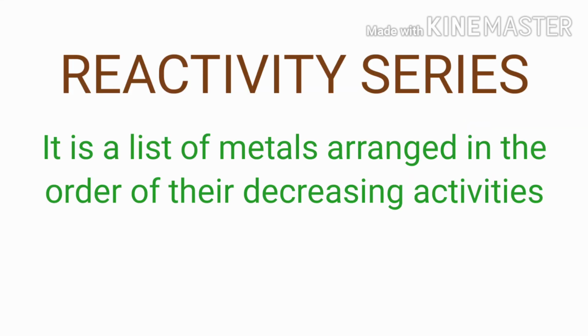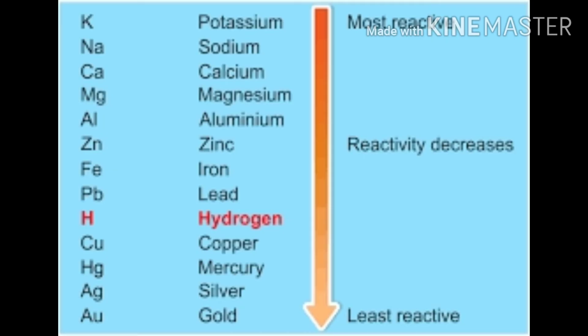Next topic, reactivity series. The reactivity series is a list of metals arranged in the order of their decreasing activities. By using this series, we can compare the reactivity of metals and we can predict the feasibility of a displacement reaction. Though hydrogen is not a metal, even then it has been assigned a place in the activity series.